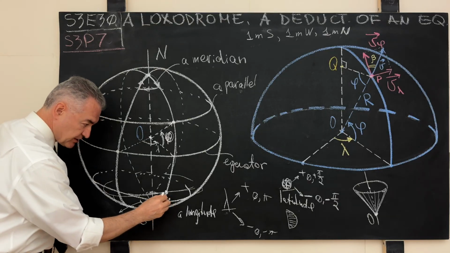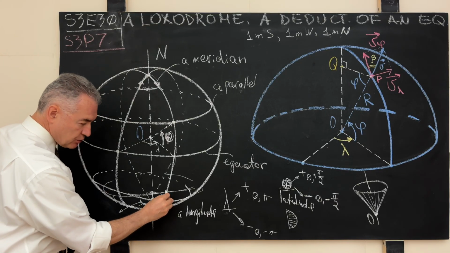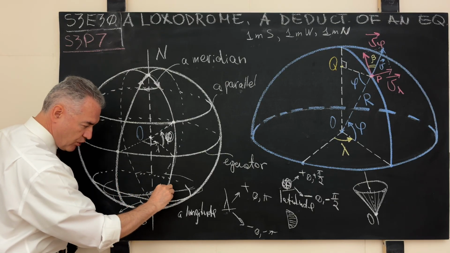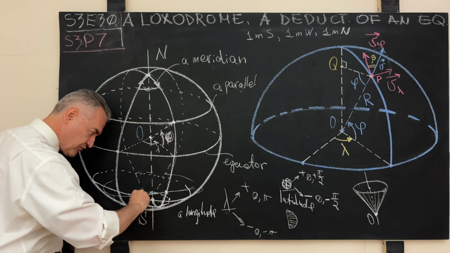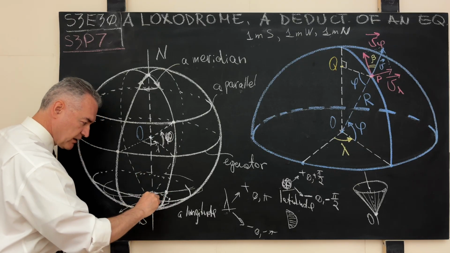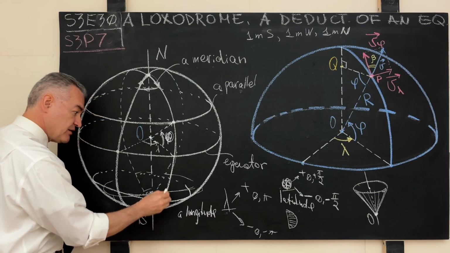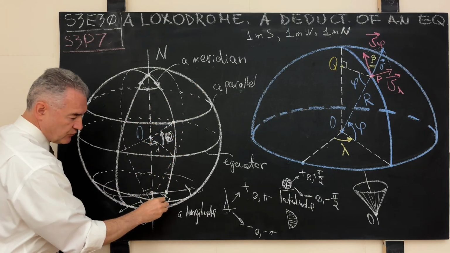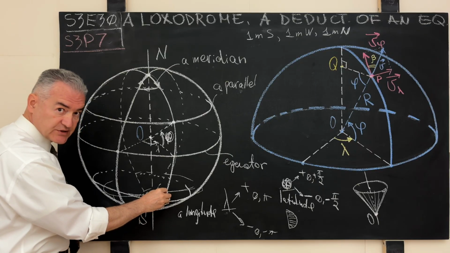That means if we start somewhere 1 mile north of that 1 mile long parallel, then we walk 1 mile south, we traverse one circle, we clock in 1 mile in the westbound direction, and then we walk back up northbound for 1 mile, and we wind up exactly where we started from.